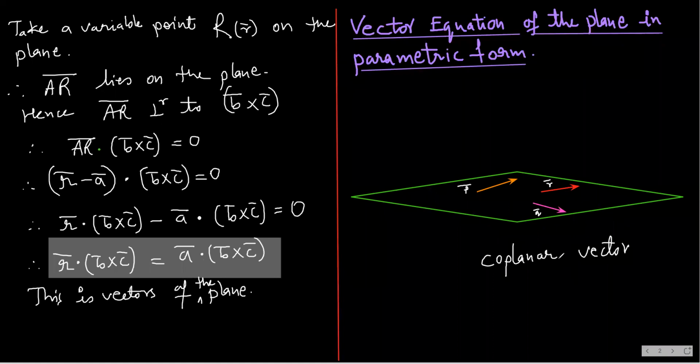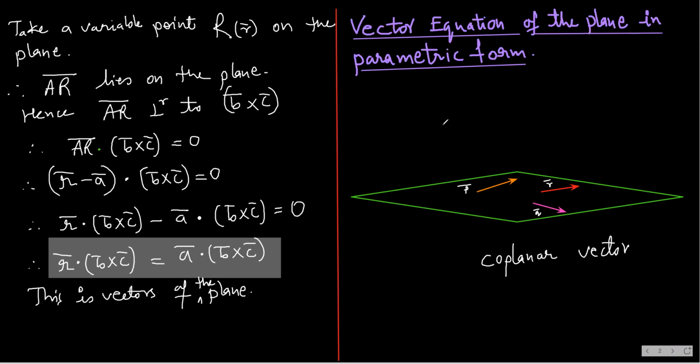Now remember students, whenever you have three coplanar vectors, then you can always express one of the three vectors as a linear combination of the other two vectors. What does that mean?